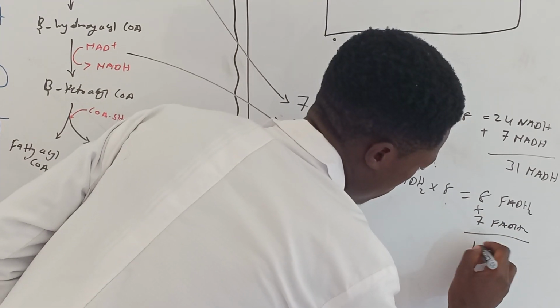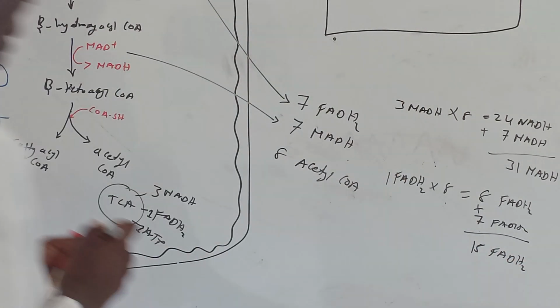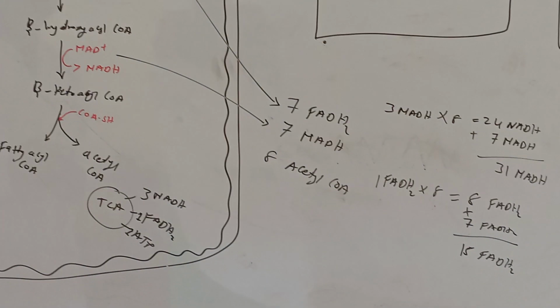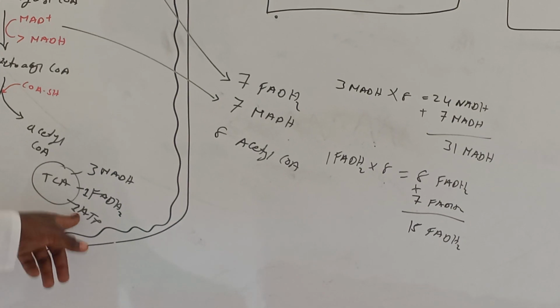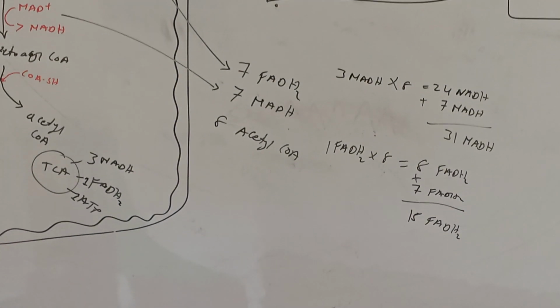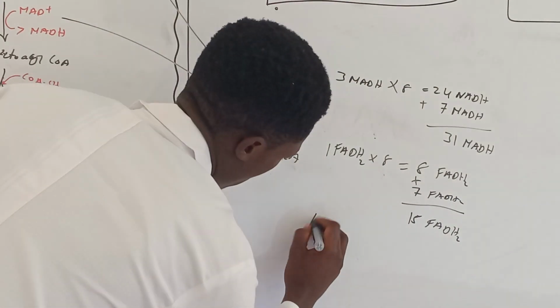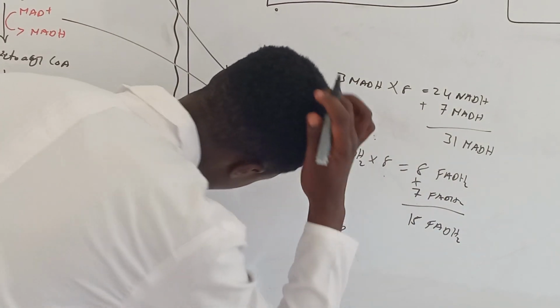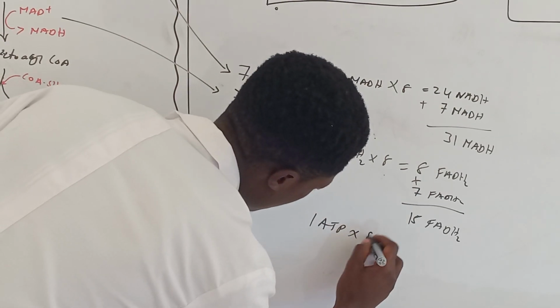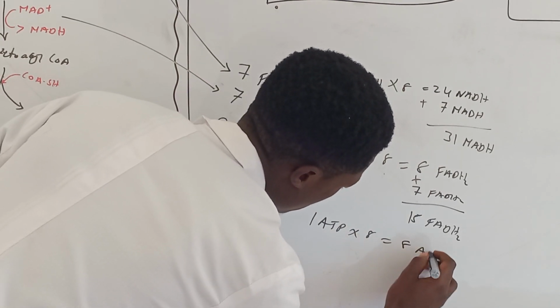So that's going to be 15 FADH2. Alright. We had 1 ATP in the TCA from 1 round of acetyl CoA. But now we had 8 acetyl CoA. That's going to be 1 ATP times 8, that's going to be 8 ATPs.